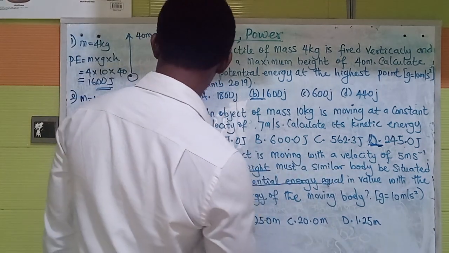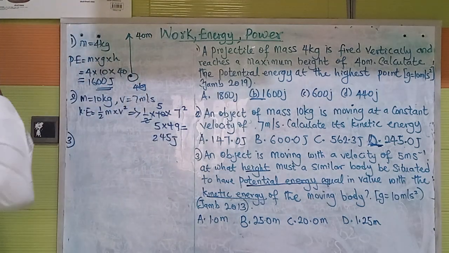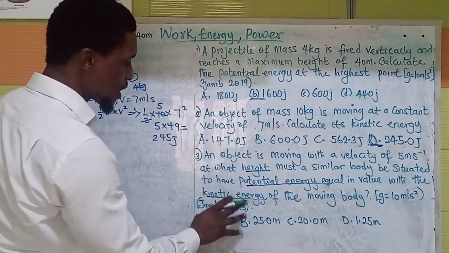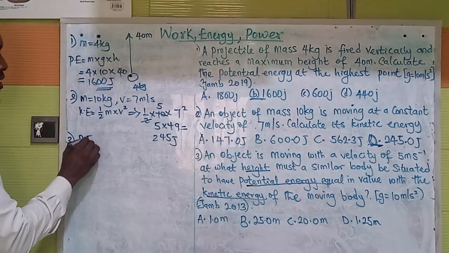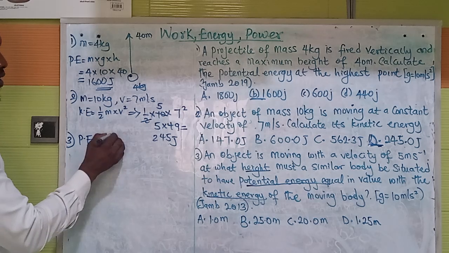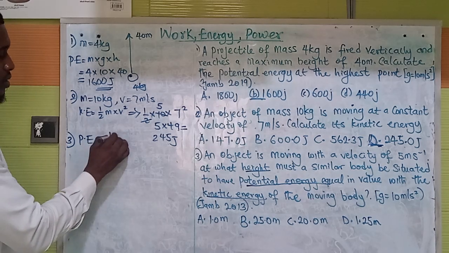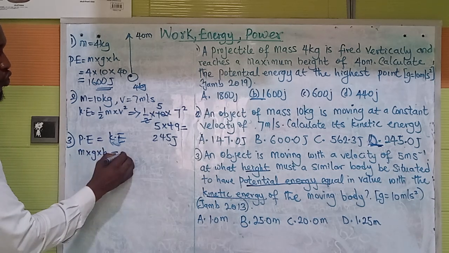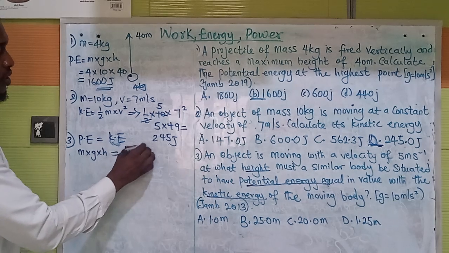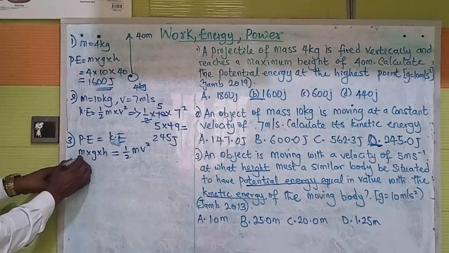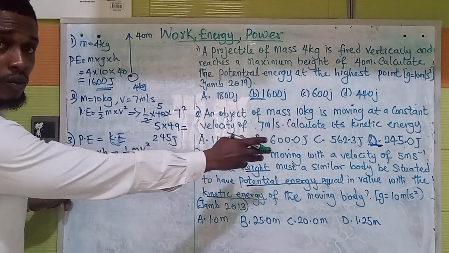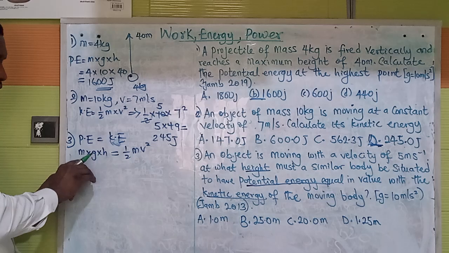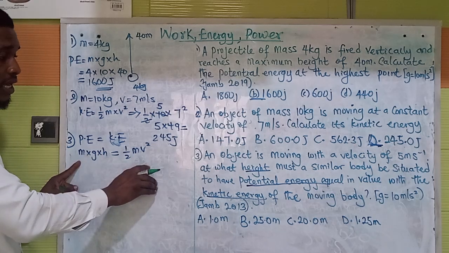We're told that the potential energy is equal to the kinetic energy. So we have m times g times h equal to half mv squared. We're not given the mass in this question, but the mass of the object here and here is the same.